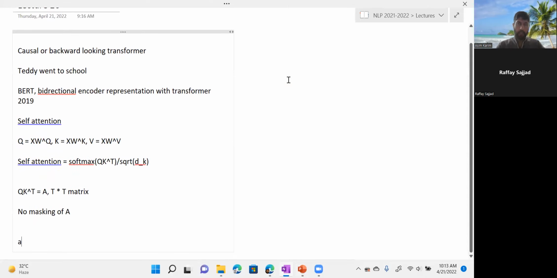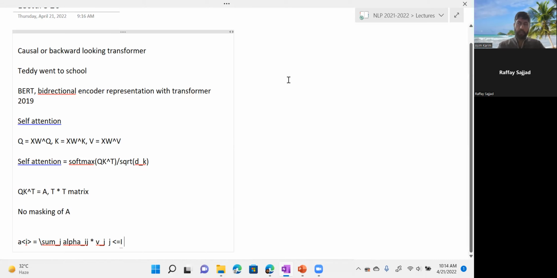So the output, as we had discussed previously, a_i is basically equal to a summation over all j of alpha_ij times v_j. Previously, this j was less than or equal to i.